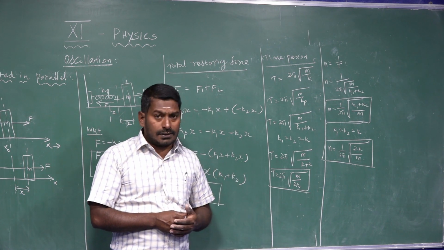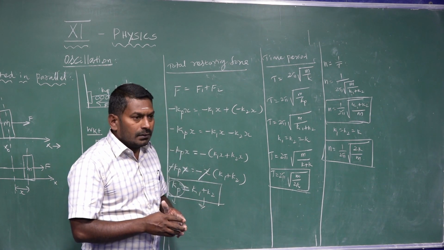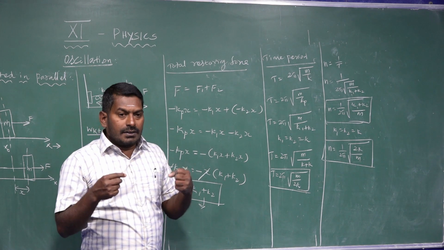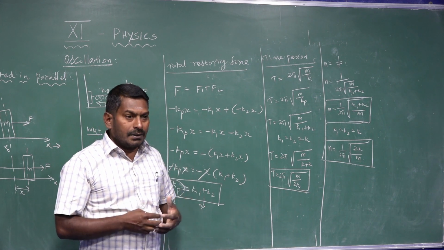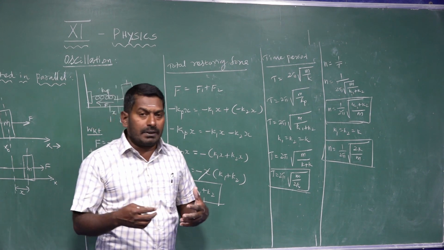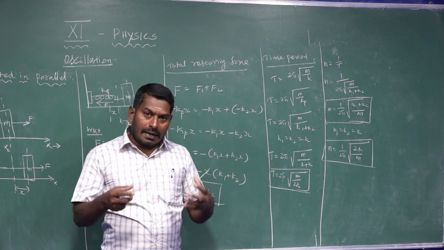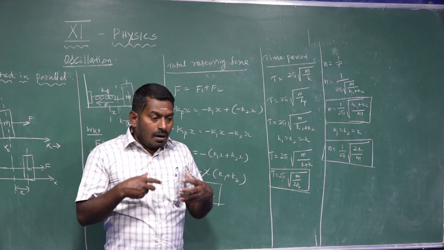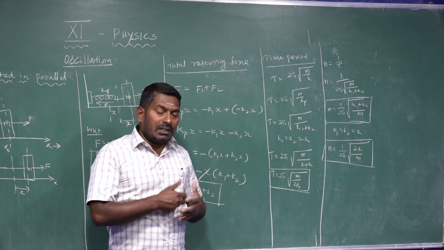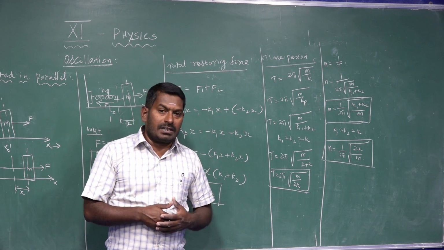So it's a very, very important topic. When springs are connected in series, what happens to the effective spring constant, the time period of oscillation, and the frequency of oscillation? The same for when both springs are connected in parallel.